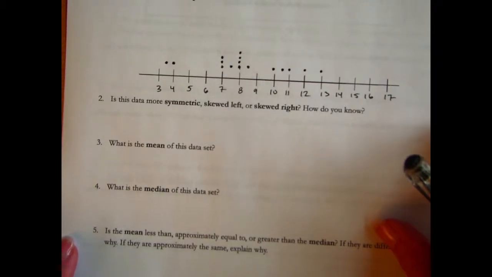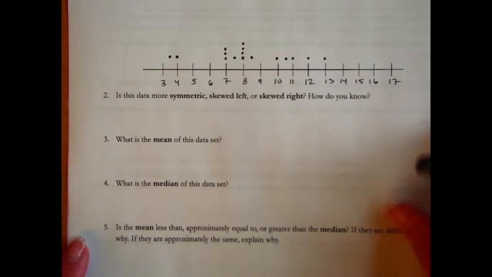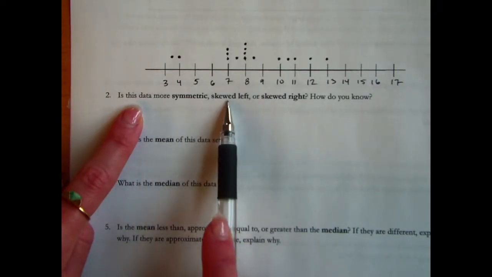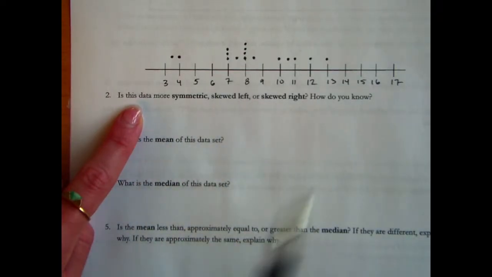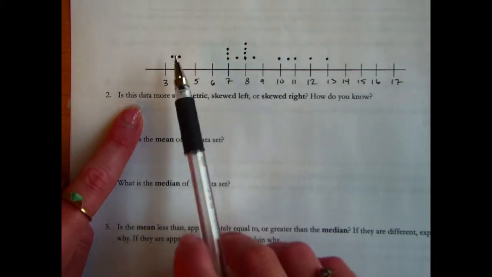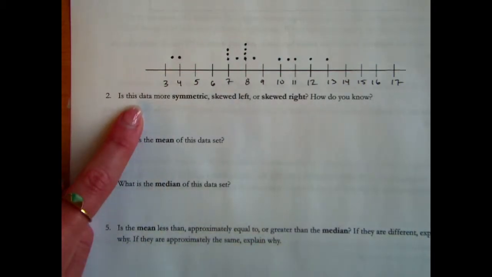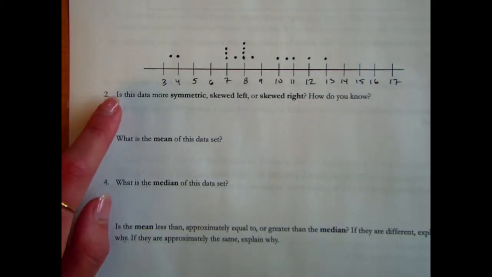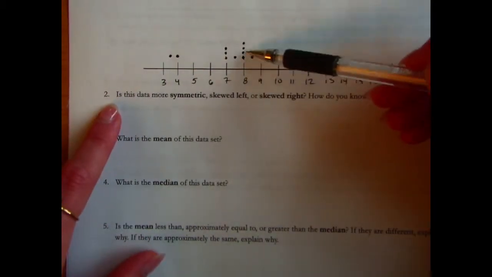Okay, so the question is, is this data more symmetric, skewed left, or skewed right? How do you know? This is a little bit tricky because it doesn't look perfectly either way. It doesn't look particularly skewed right, doesn't look particularly skewed left, and it doesn't look particularly symmetric. In general, I would say it's more symmetric because the peak, like the mode, happens at the center of the data set.